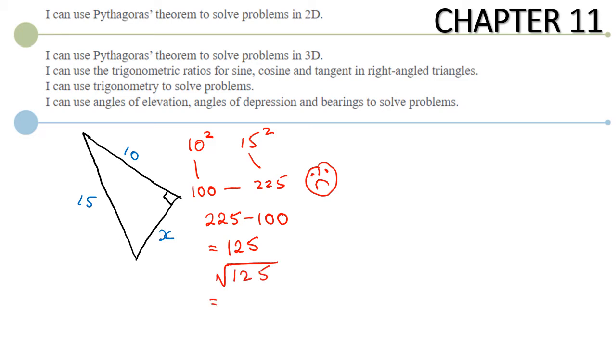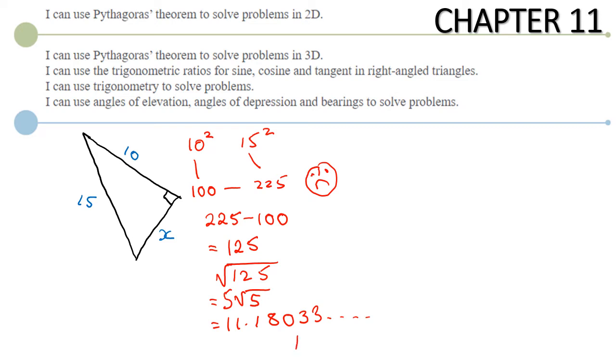So let's do that, see what we get. So square root 125. It says 5 square root 5. Okay, so it's simplified it. I probably want a decimal answer, so I'll press my SD button and I'll get 11.1803 and so on.